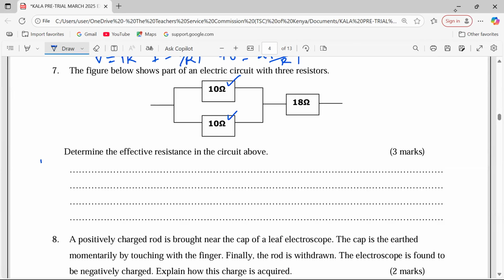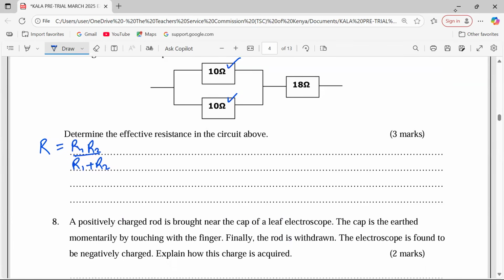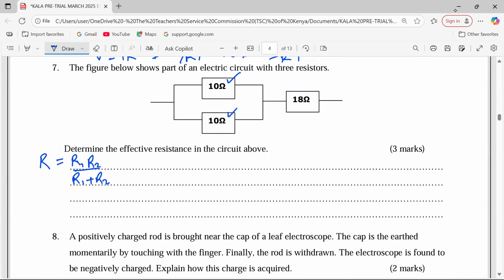When resistors are parallel to one another and they are only 2, effective resistance is given by resistor 1 times resistor 2 out of resistor 1 plus resistor 2. This is a special case for parallel resistors. Sorry, I was confusing them with capacitors.